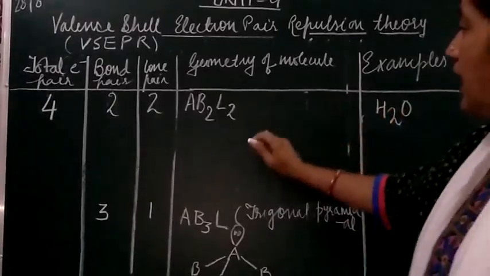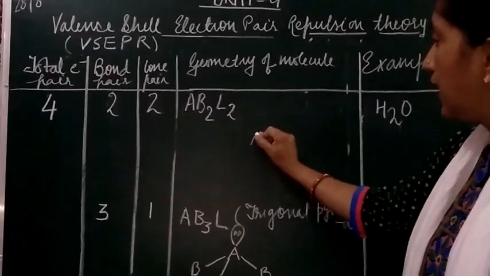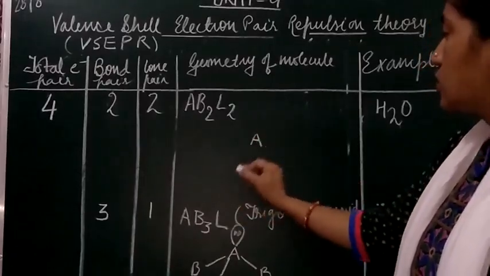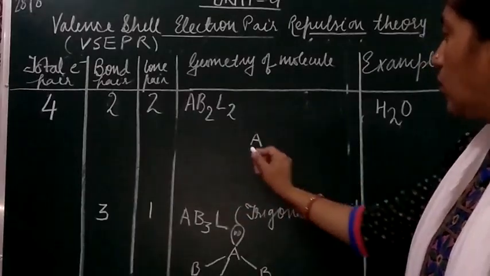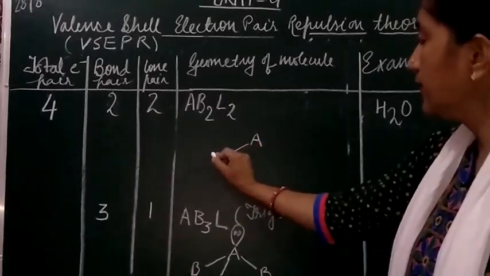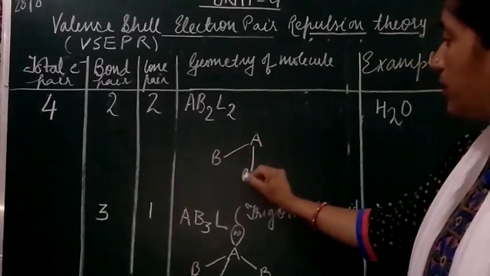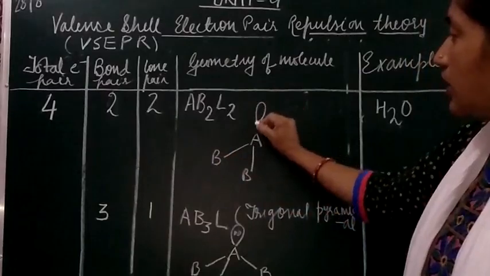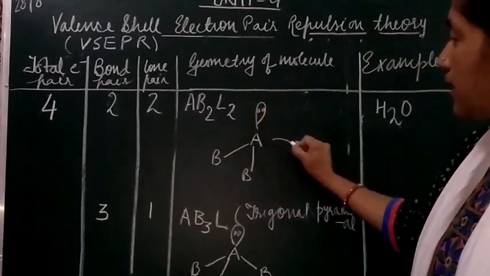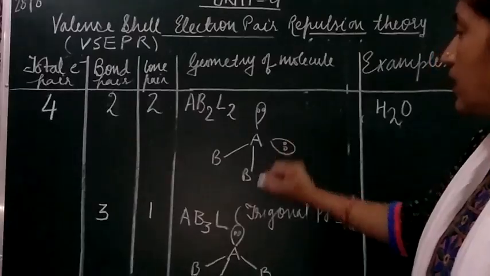So here the central atom is this A, right? It is going to have a lone pair. It will have a bond pair here. This way, two bond pairs will be there, and the location of the two lone pairs in this way. Right?